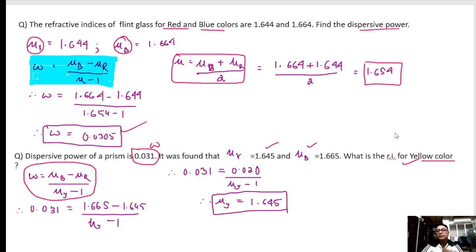If I see VIBGYOR, please watch here, yellow will be considered as our mean color. Please note this. So that is why the dispersive formula changes. And now putting all the values, we found out the refractive index for the yellow color.